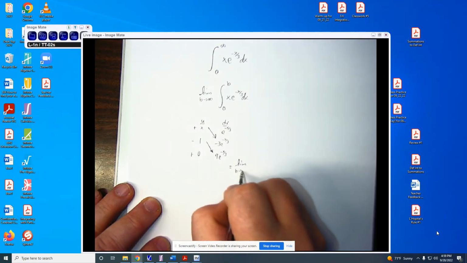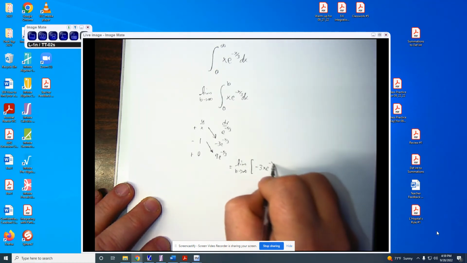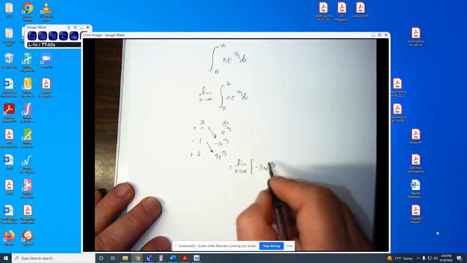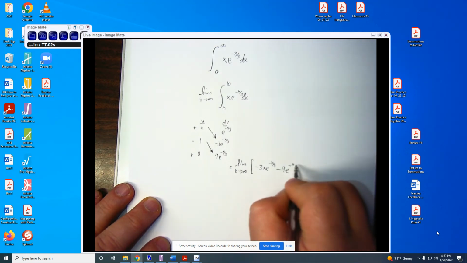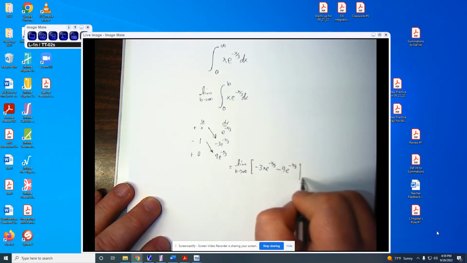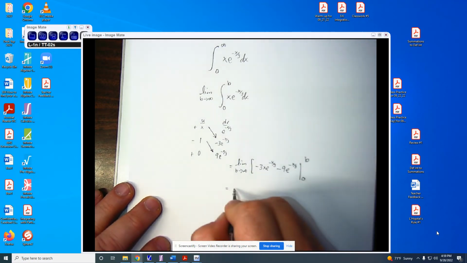We're now looking at this equaling the limit as b approaches infinity of negative 3x e to the negative x over 3 power, and I'm subtracting 9e to the negative x over 3. This is going from 0 to b. Plug in your b.